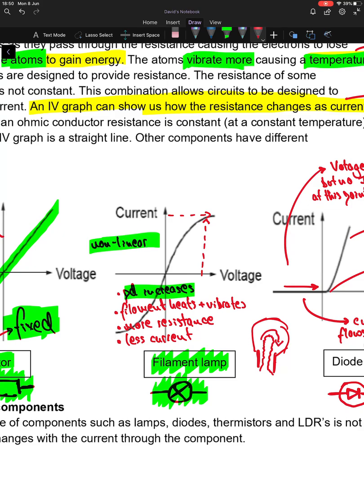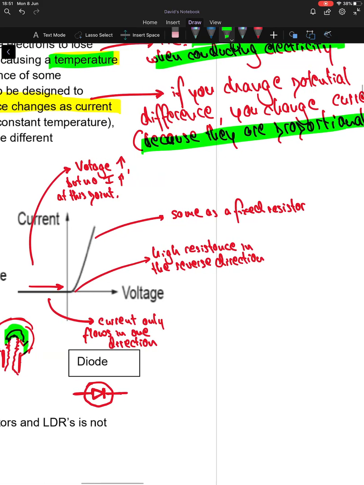As the electrons move around that, it heats up and vibrates more, which increases the resistance. It makes it harder for the electrons to go round that filament wire, which means the current becomes less and starts to taper off as the voltage is increased quite rapidly compared to where it started.